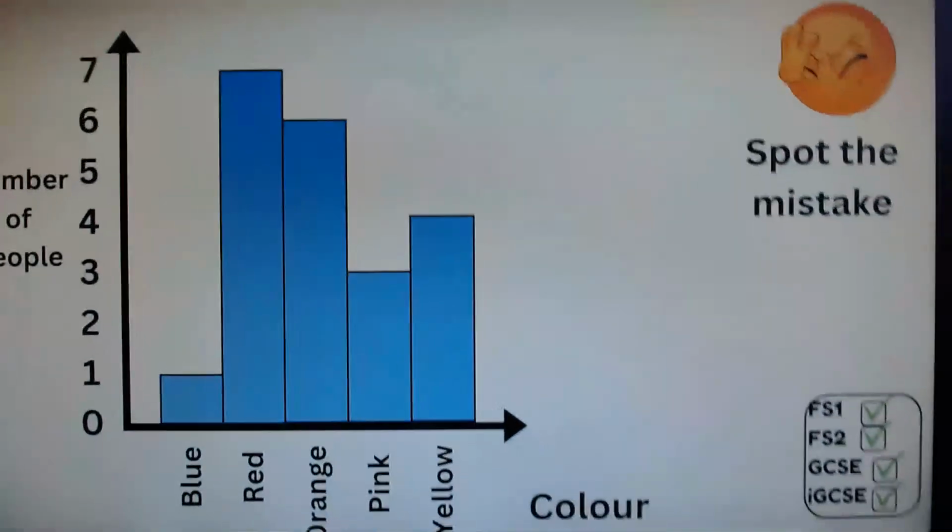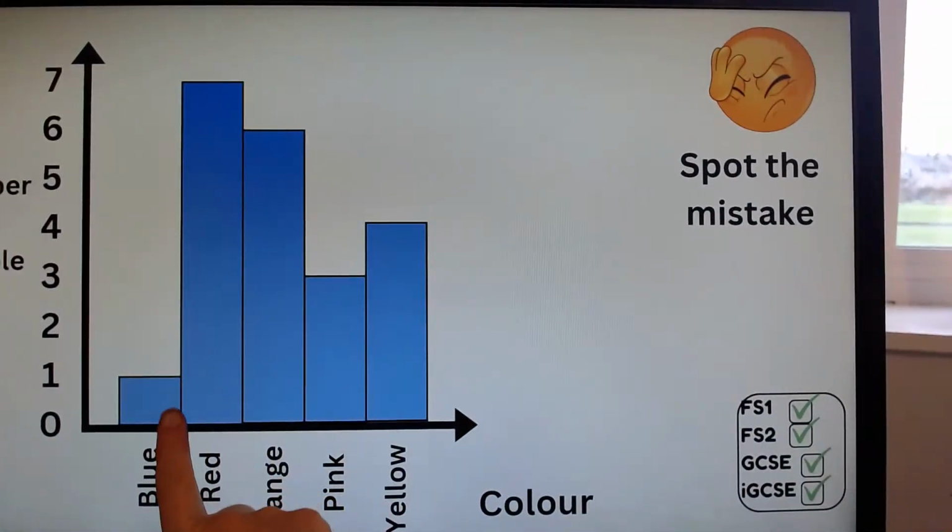To represent discrete data in a bar chart, we have to have gaps between those bars. The gaps should be of equal width as well. They don't have to be the same width as the bar, but just the same width as all the other gaps. So on this one here, I really needed to put gaps between the bars to make it clear that it's a bar chart. In between each of these, there should have been a gap.